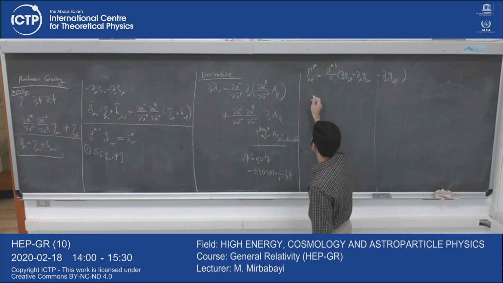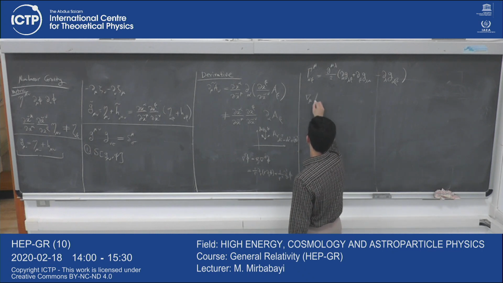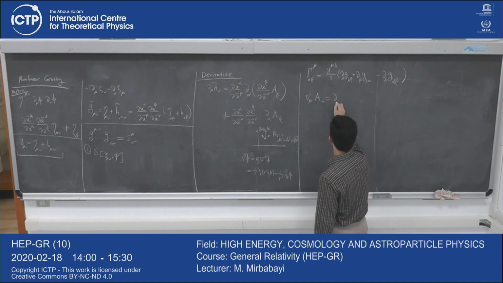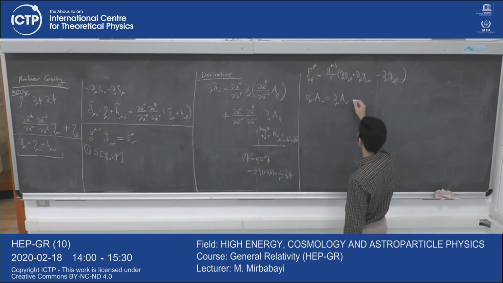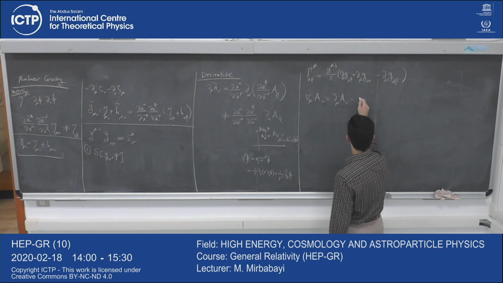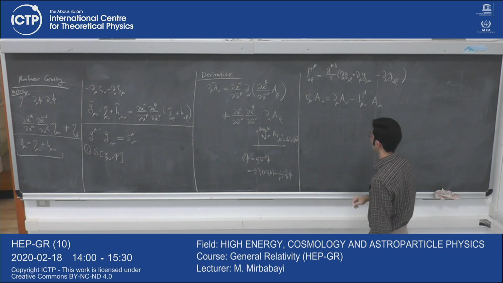And now we can use this to construct a covariant derivative of a vector field, which is obtained by combining the ordinary derivative, which is not a tensor, with the right combination of gamma and A. So gamma alpha mu nu A r.